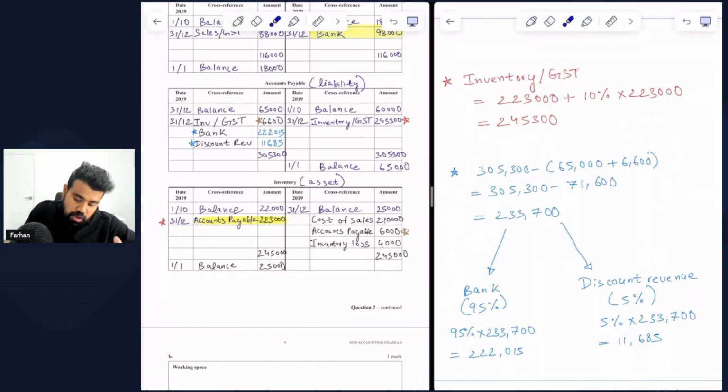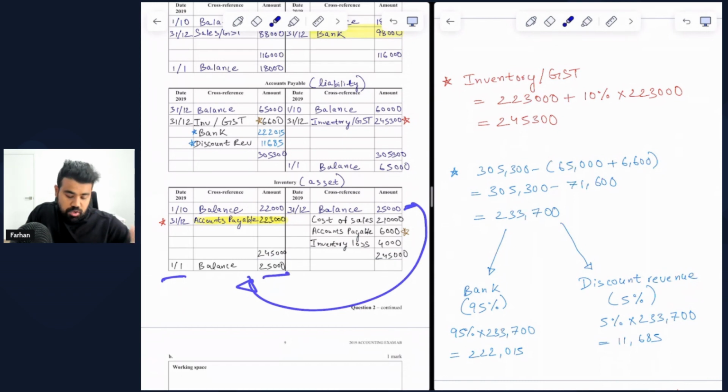So once you find 223,000 here, you have the totals matching on both sides. Again, do not forget to transfer the balance. So the closing balance of 25,000 needs to be transferred as the opening balance on 1st of January as $25,000, which is what you can see we have included here.